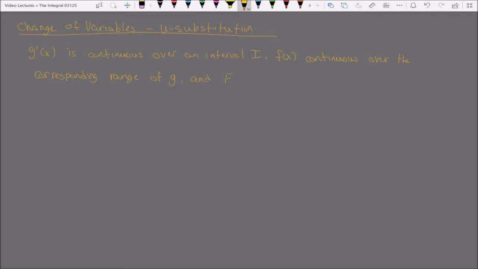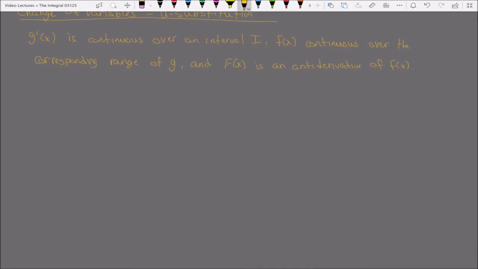And we're going to say that big F of x is an antiderivative of little f of x. Now, what we want to do is we're looking at this antiderivative of f of g of x times g prime of x.